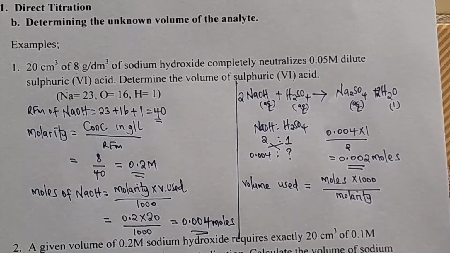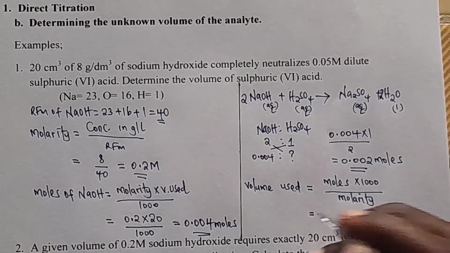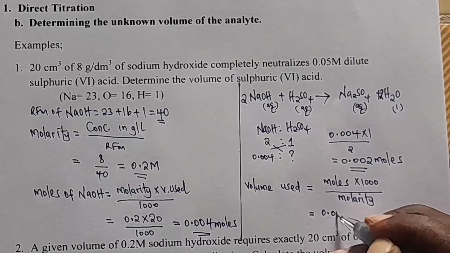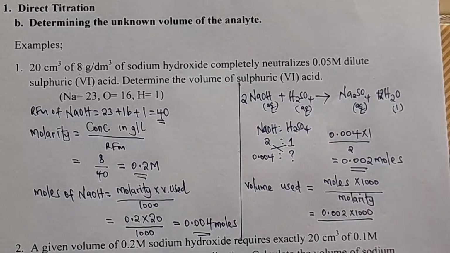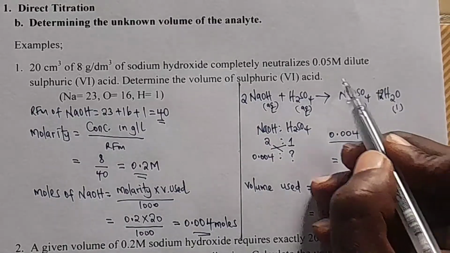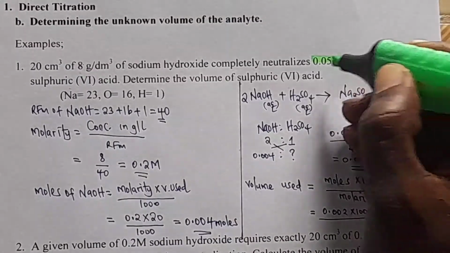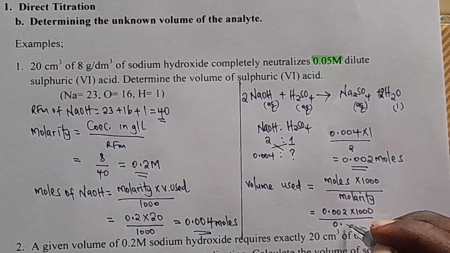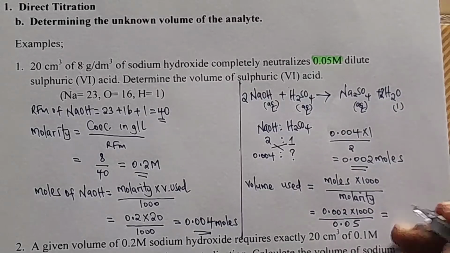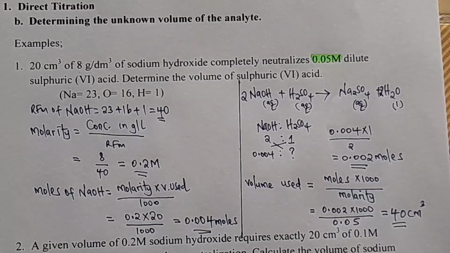Putting our values in the formula, the number of moles is 0.002 multiplied by 1000, which is in the formula, then divided by the molarity of sulfuric acid, which is given as 0.05 M. So we divide by 0.05. Here we get 40 cm³ as the volume of dilute sulfuric acid. Okay, we are done with that question.